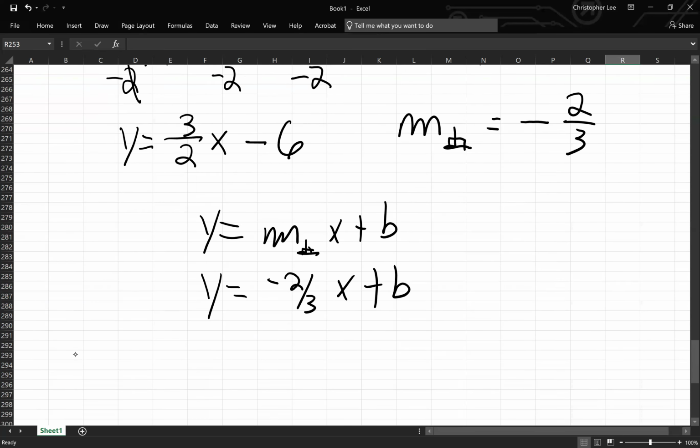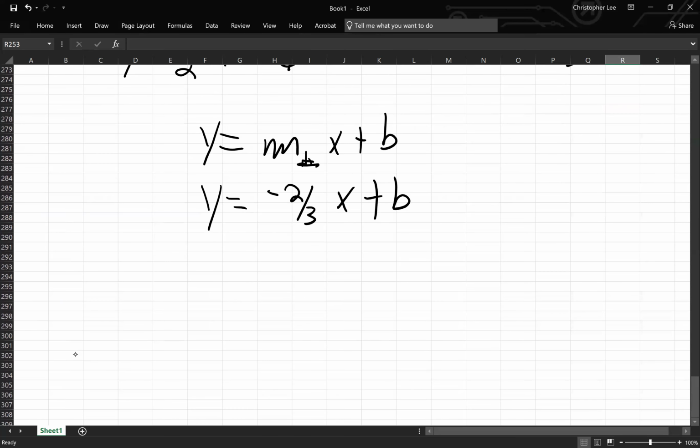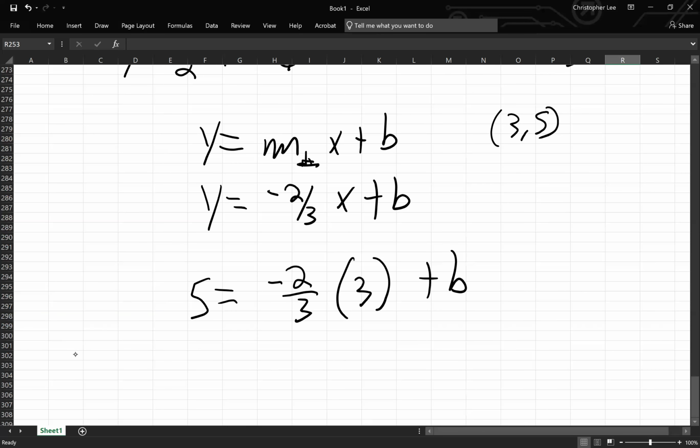Now, the point that we're going to plug in is (3, 5). So just plug it in and you're good to go. So y is equal to 5, and this is negative 2 over 3 times 3 plus b. A little multiplication. This becomes 5 is equal to negative 2 plus b.